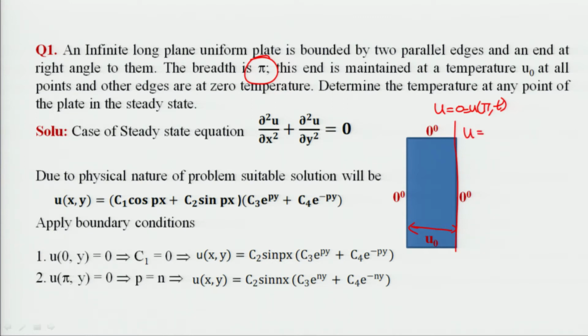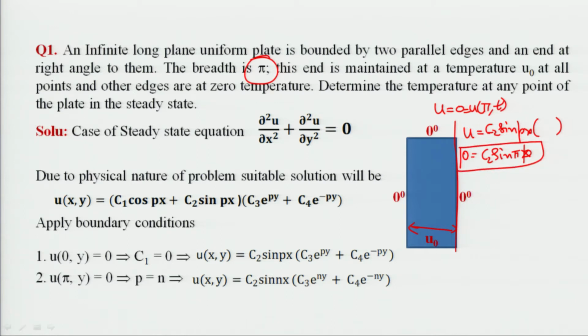u = C2 sin(px) and the y component. Now, 0 = C2 sin(px), sin(p pi). Substitute pi in place of x, and the solution of this equation is: here C2 can't be 0.